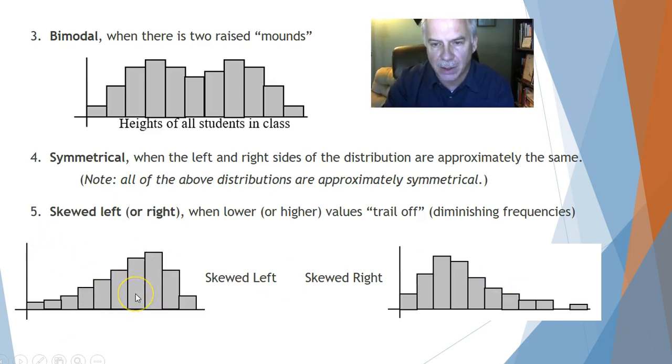These pictures at the bottom are unimodal because there's one high point in both the skewed left and skewed right distributions, but it's not symmetrical because this has a tail going off to the left, so we call that skewed left, and the one on the right has a tail going off to the right, so we call it skewed right. So you base it on which direction the long tail goes. Skewed left or skewed right are other shapes of distributions that you might see.